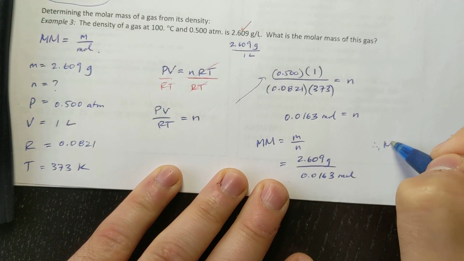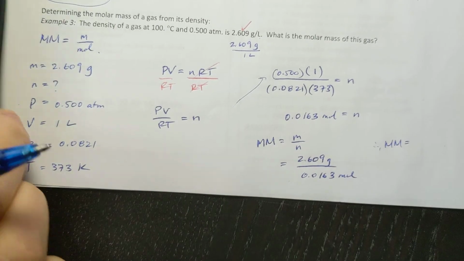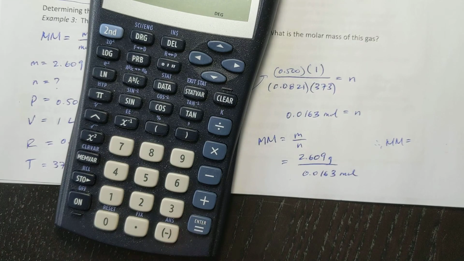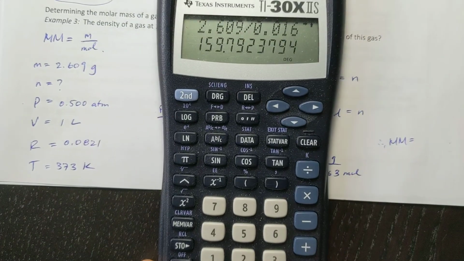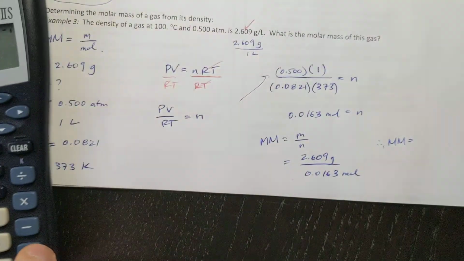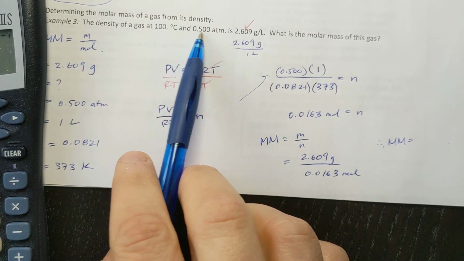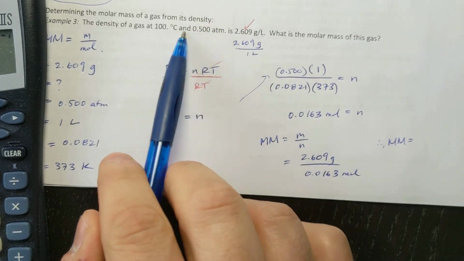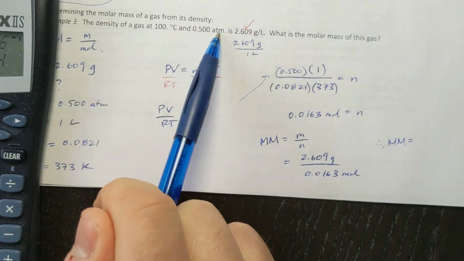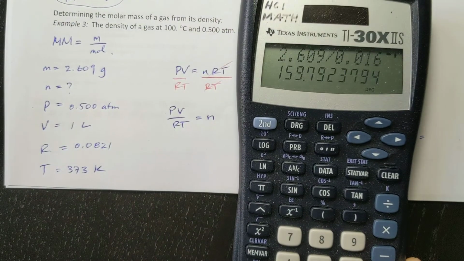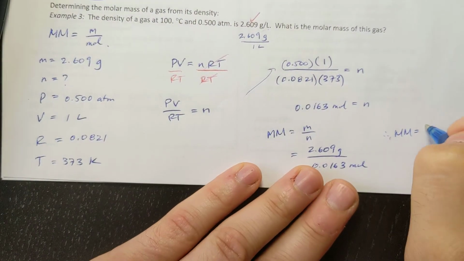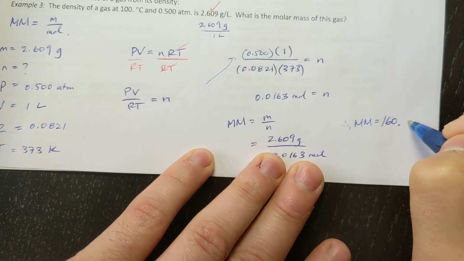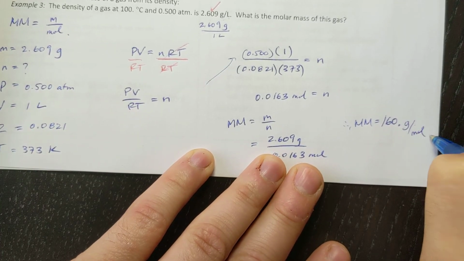So therefore, molar mass is equal to 2.609 divided by that, and I get 159.79, but I only have 3 significant digits here. I have 4 significant digits here, but the 3 significant digits governs this. So I'm going to end up with 160. I have to put the decimal there to indicate that that 0 is significant, grams per mole.